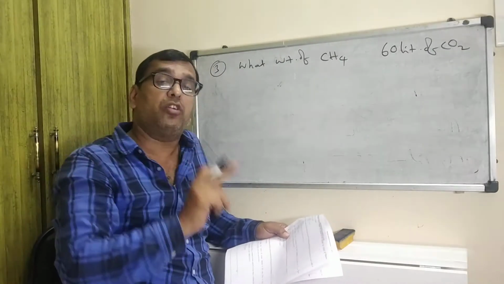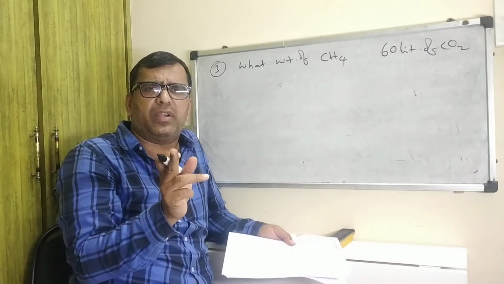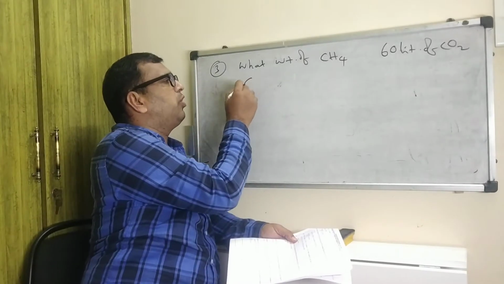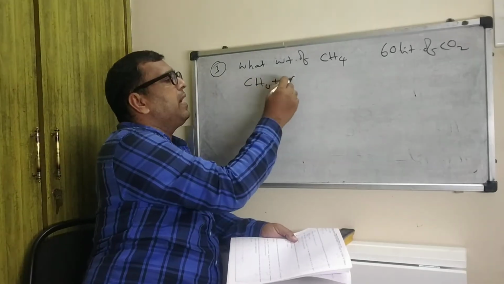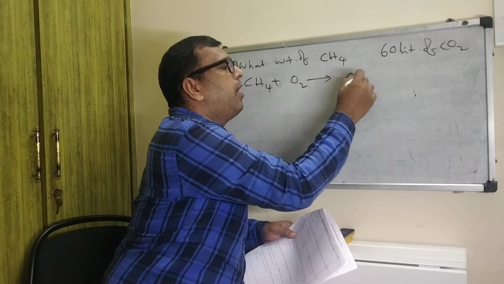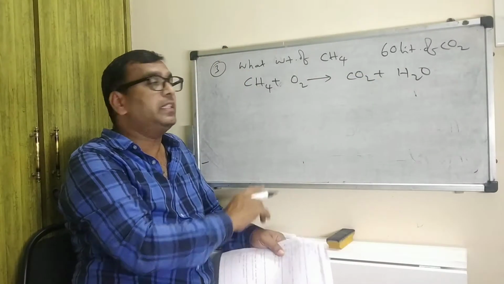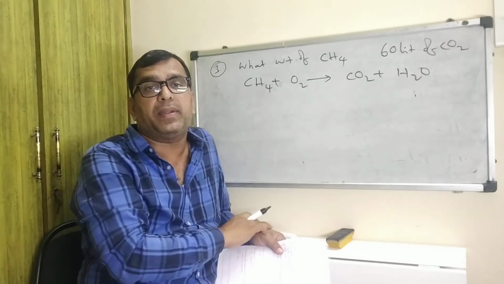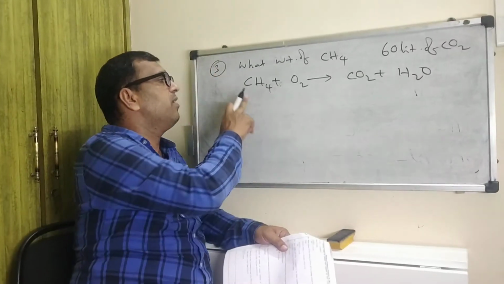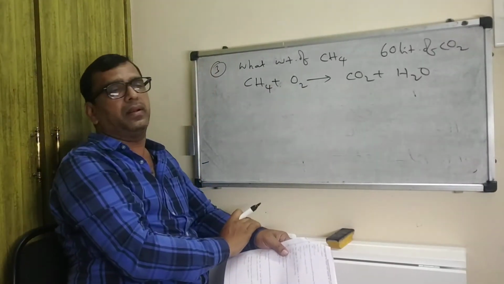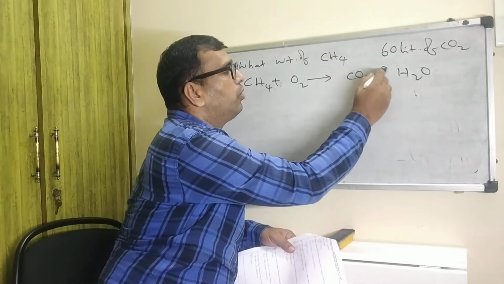Then first you have to write the combustion, means what? In presence of oxygen. So methane reacts with oxygen to form carbon dioxide and water. This is very, very important. You have to write the chemical equation, then you do balancing. 1 carbon, 4, then here 2.